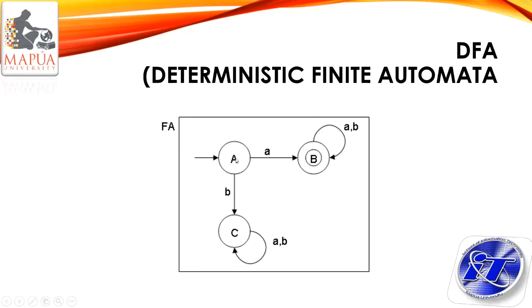While if it goes to C, what can you say about this C? Any values after B in our string will just loop back to C. This type of state, we call a trap state or a dead state, wherein if we go to a trap state, it will not go anywhere.